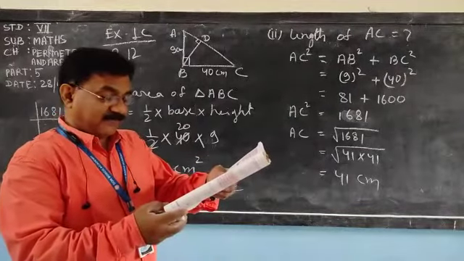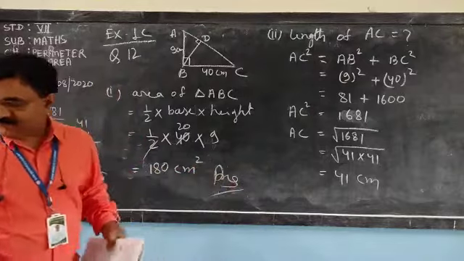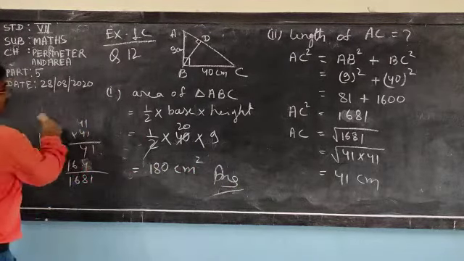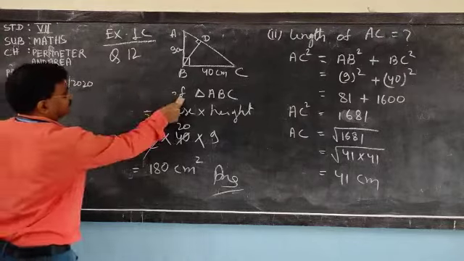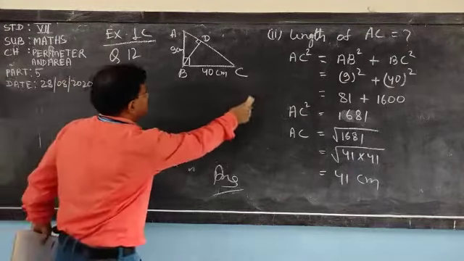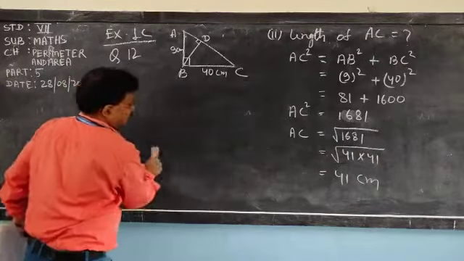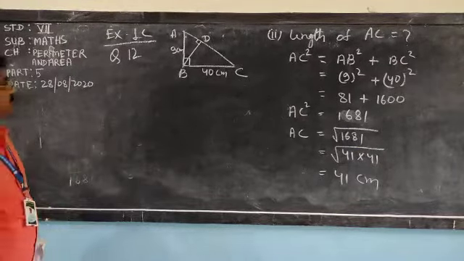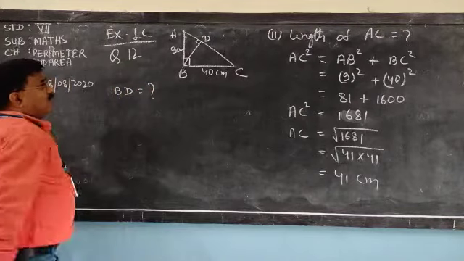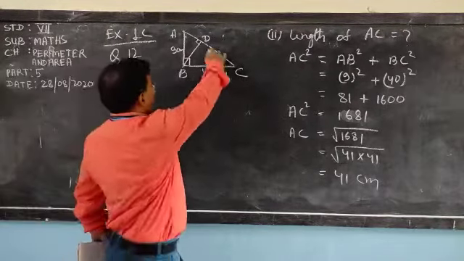Now one more question is there: length of BD. We are asked to find the length of BD. Third question. See here, we have found AC.